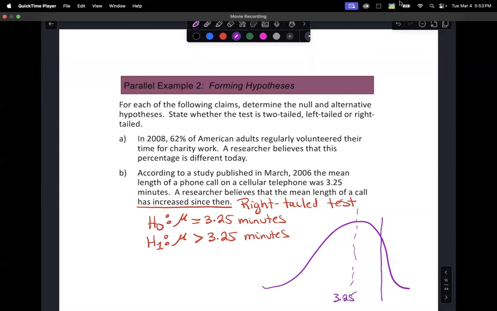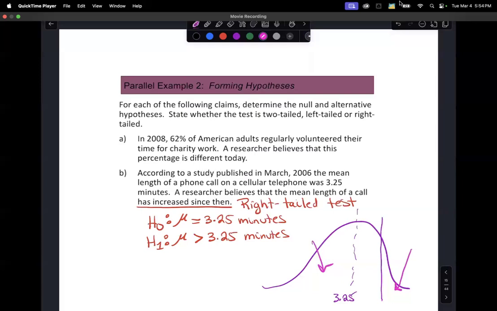So when I choose my sample, if it lands me out here, then I have evidence to support the alternative hypothesis. If it lands in here, I don't have sufficient evidence to support the alternative.